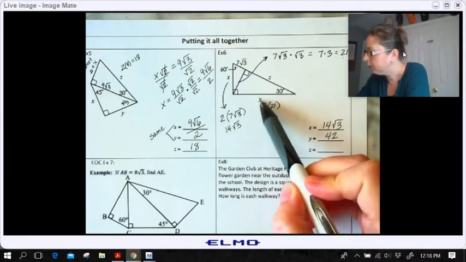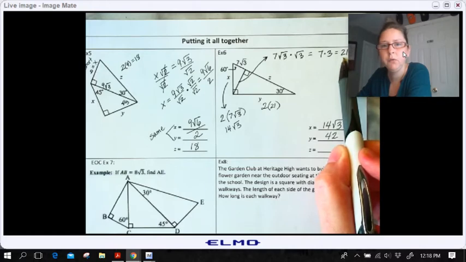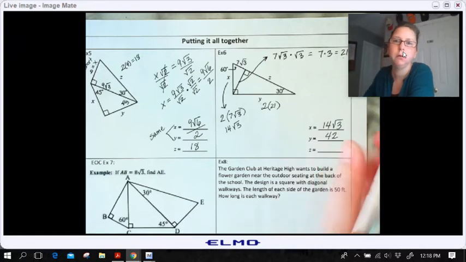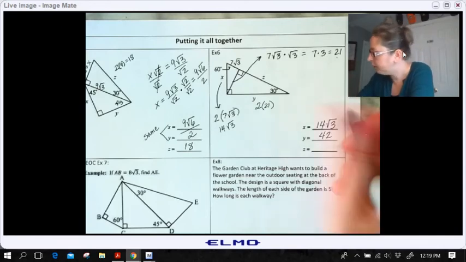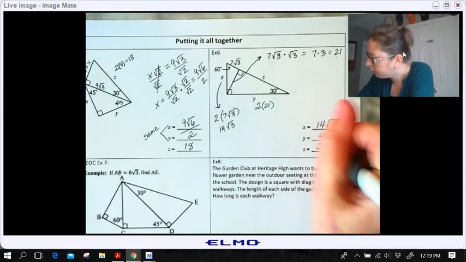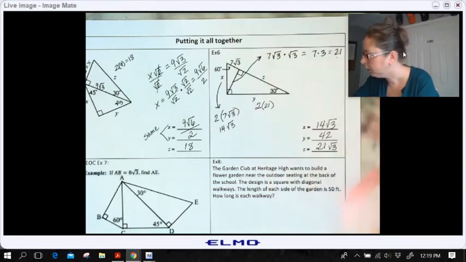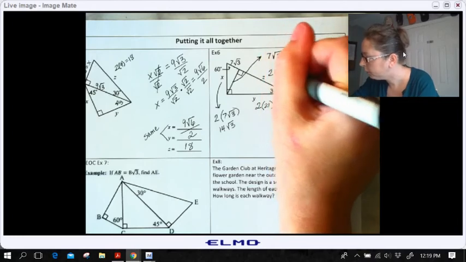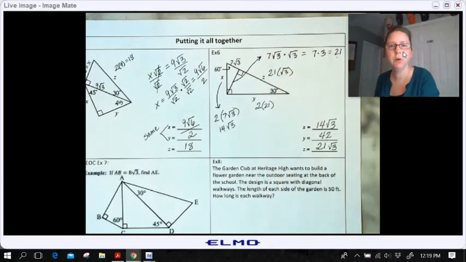And then the short side is going to be this value times the square root of 3. So I end up with 21 square roots of 3. Okay. 21 times the square root of 3. And I have found all the sides.